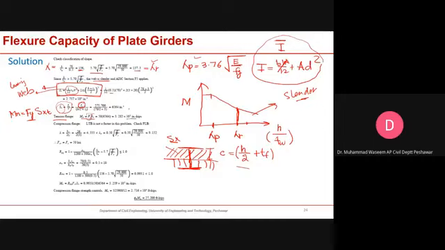So you will get this value. Now the second limit state is compression flange yielding, remember, and the third limit state is LTB. We will come to LTB later.